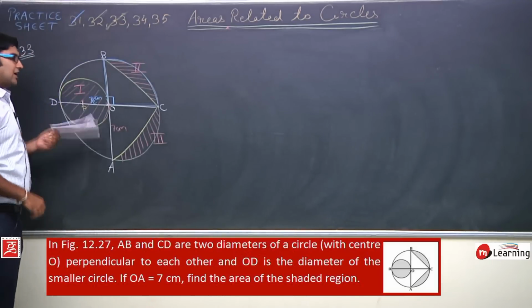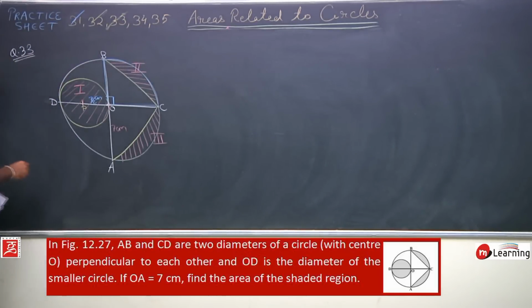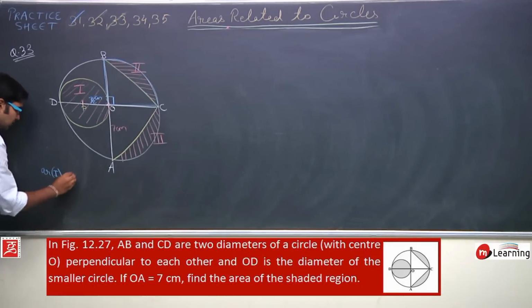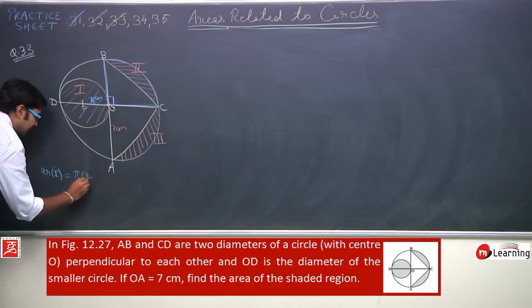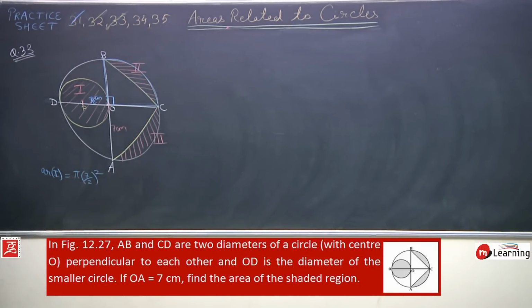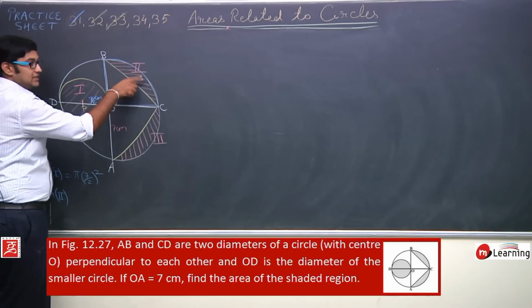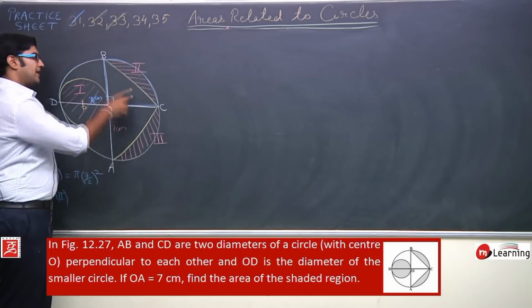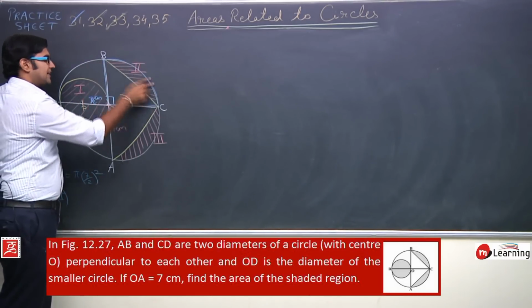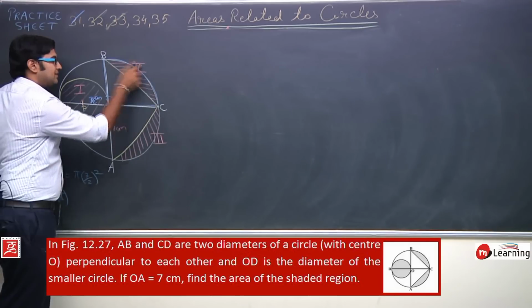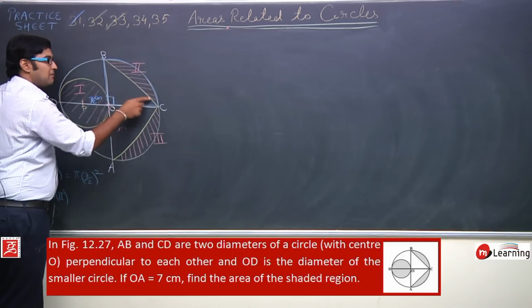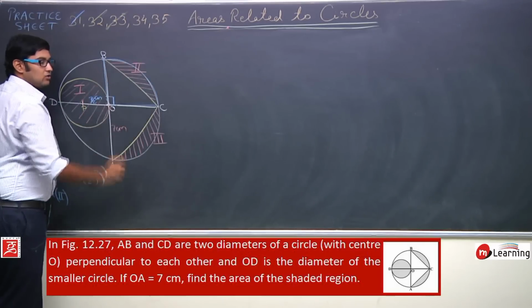Okay, area of region 1 is equal to pi into 7 by 2 whole square. Area of region 2, since region 2 is a segment, is the area of sector OCB minus the area of triangle OCB.